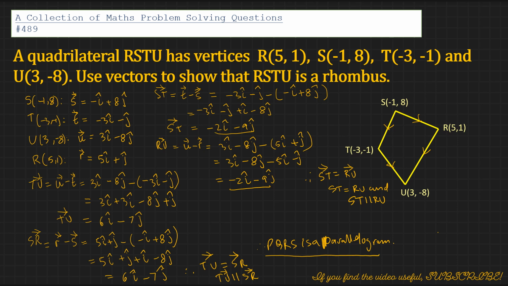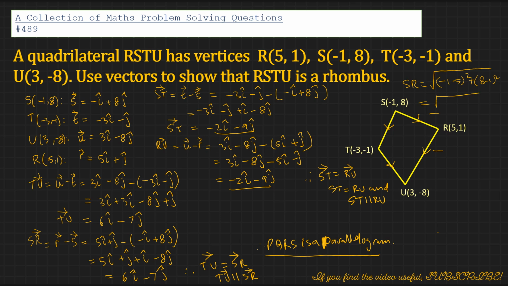To prove the distances equal, if I can prove only one pair of adjacent sides equal, say SR equals RU, my job is done. SR would be the square root of (-1 minus 5) squared plus (8 minus 1) squared.